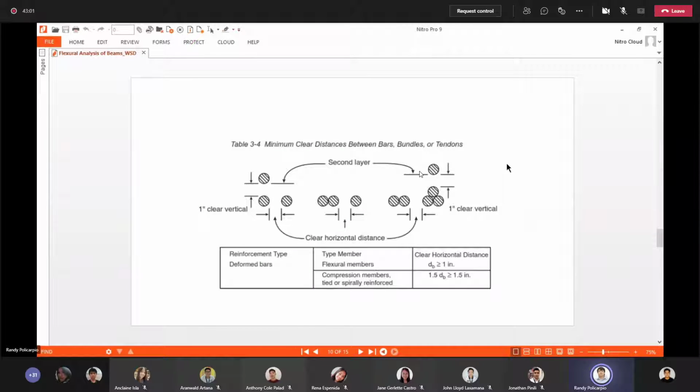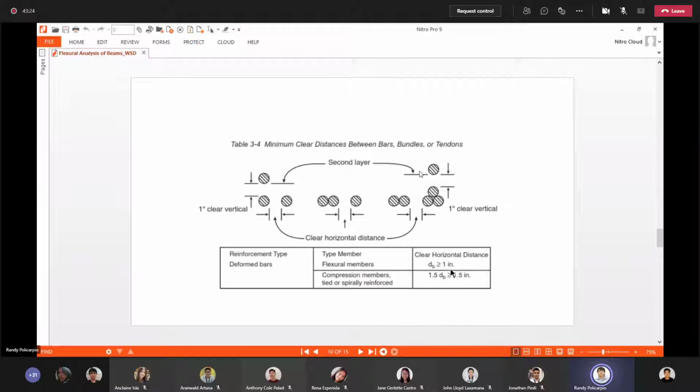Okay, so if we will draw the position of our reinforcement, what is given by the code? The clear spacing between rebar must have a minimum of what? 1 inch.